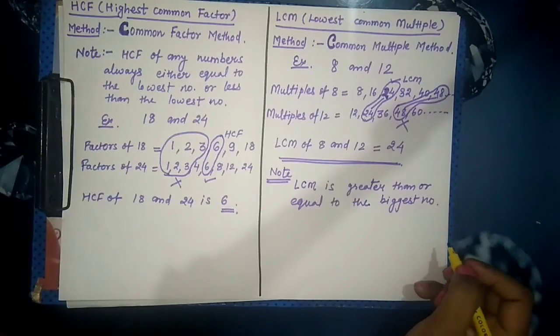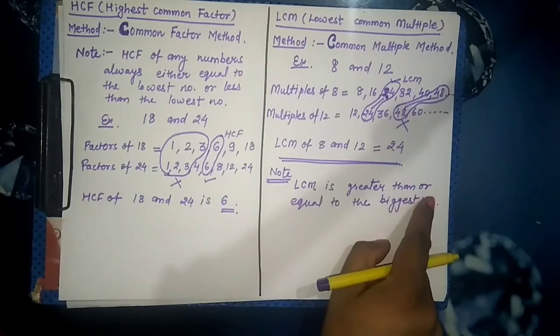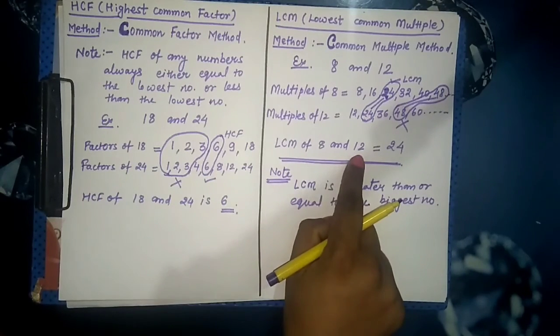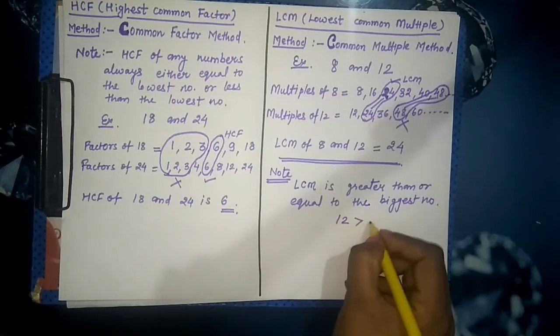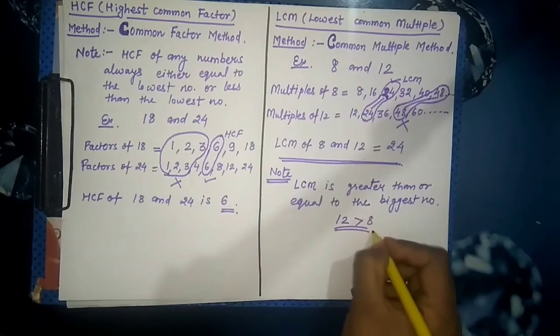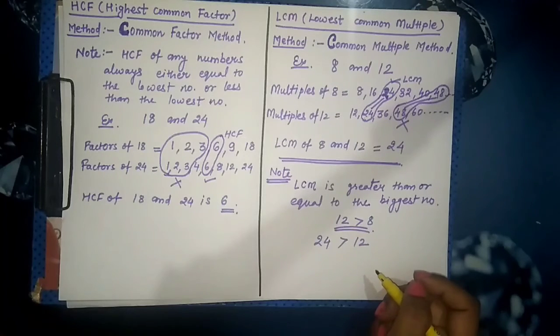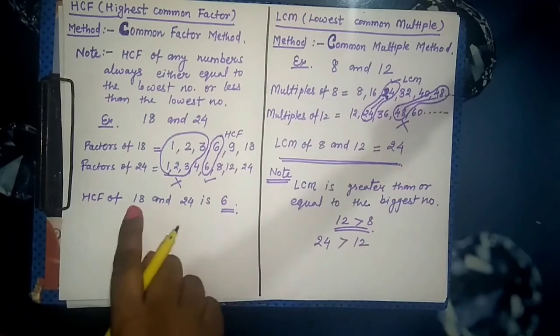Here you can see that LCM is greater than or equal to the biggest number. The two numbers are 8 and 12, and the biggest number out of 12 and 8 is 12. 12 is greater than 8 and the LCM, that is 24, is again greater than 12.